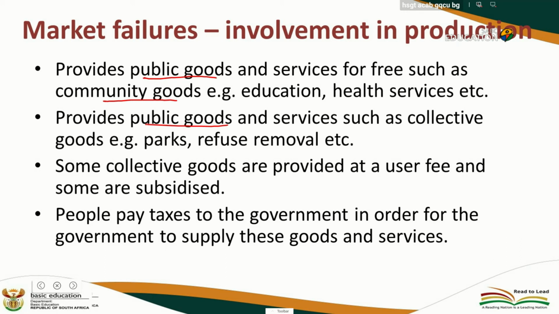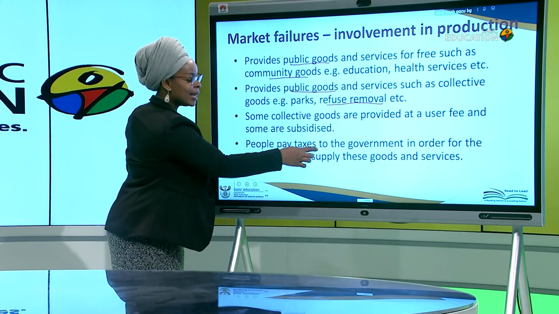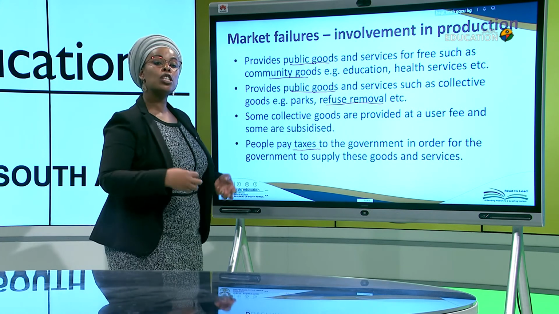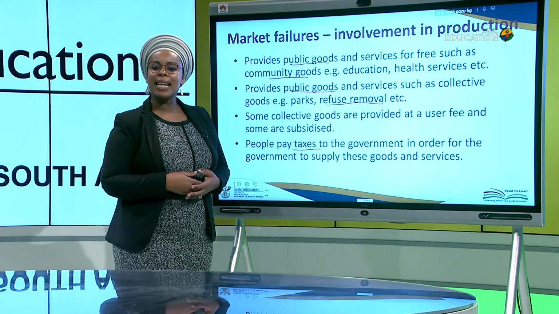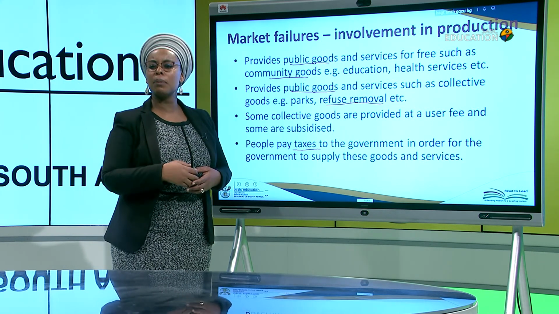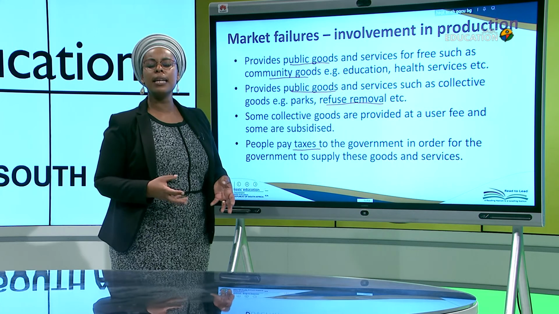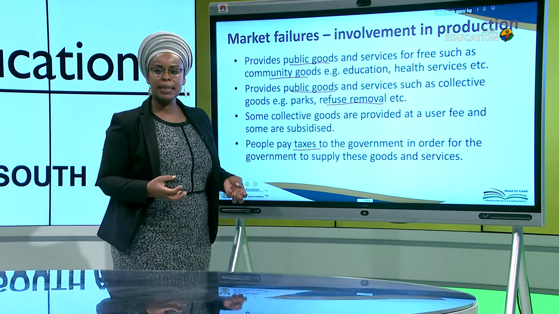Collective goods means our refuse removal, our SABC, where we have to pay for a TV license. They don't come for free. So we need to pay tax for the government to be able to provide us with these services. Even your parastatals, the government in production owns shares in Eskom, South African Airways, SABC. So that's how the government will try to close the missing markets.